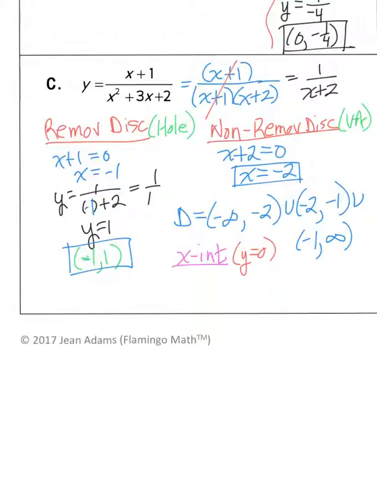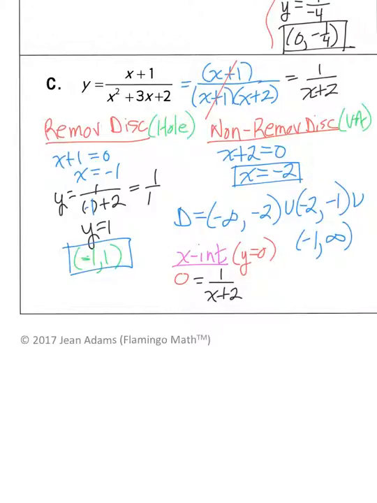It would just be simpler to plug into the new one. So that's what I'm going to do. I'm going to put in 0 for y, and then I've got 0 equals 1 over, instead of x. Oh, of course I wanted my x there, because I'm solving for x.